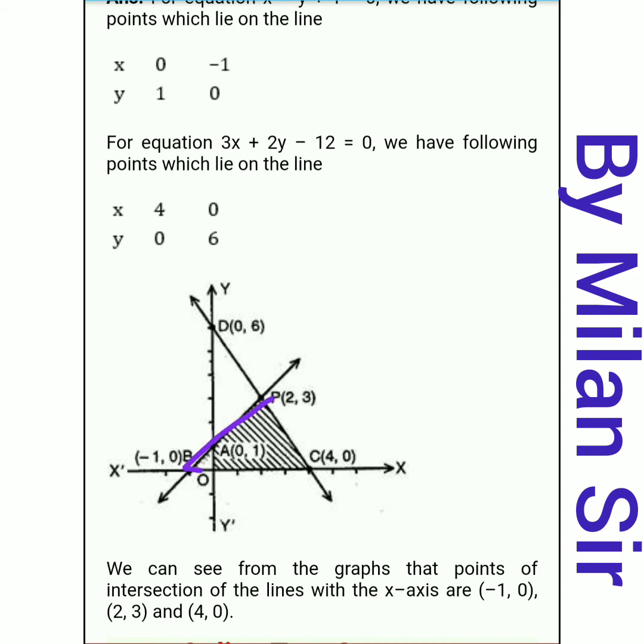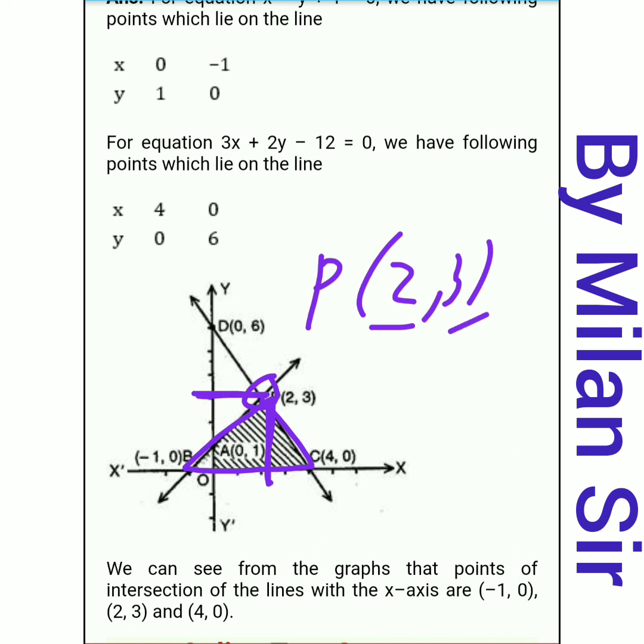So this is our triangle. Now our first vertex, I give it the name P. If we extend to the x-axis and y-axis, it is (2, 3), right? If we extend to the x-axis, the value is 2. If we extend to the y-axis, the value is 3. So (2, 3) is the coordinate of this point. That means the intersection point of the two lines.